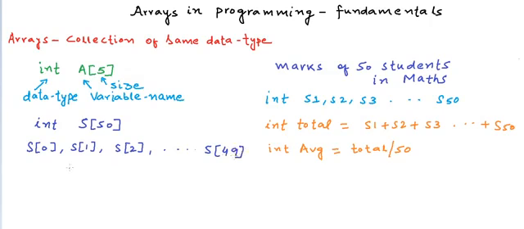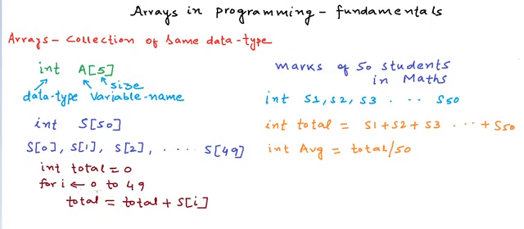And our program will be something like, we again have a variable total, and this time we run a loop from 0 to 49, and we use the variable i as index and keep on adding S[i] to total, and finally we calculate average as before, which is total upon 50.